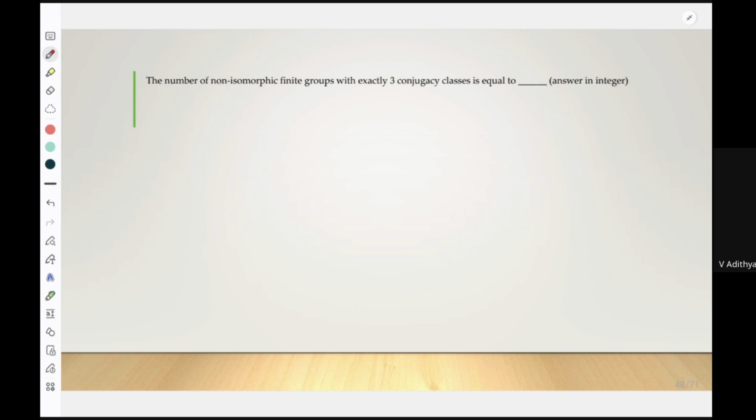So we have the order of G is n. Firstly, are there any finite groups that you can think of with exactly 3 conjugacy classes?